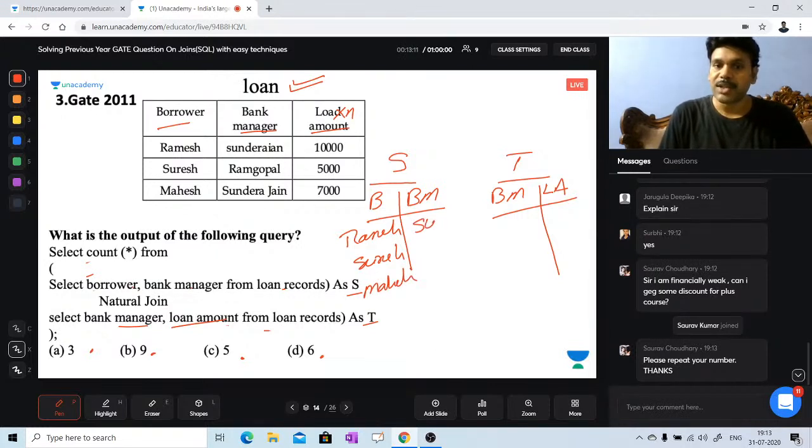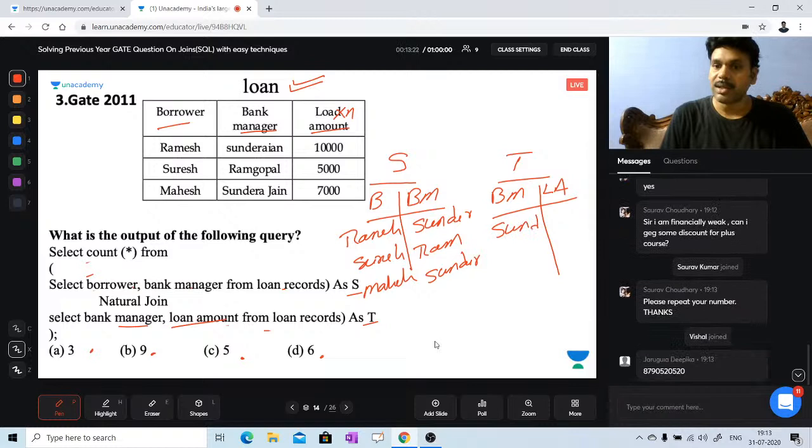The bank managers are Sundarajan, Ram Gopal, and Sundarajan. In T, the bank managers are Sundarajan, Suresh, and Mahesh, and the loan amounts are 10k, 5k, and 7k.